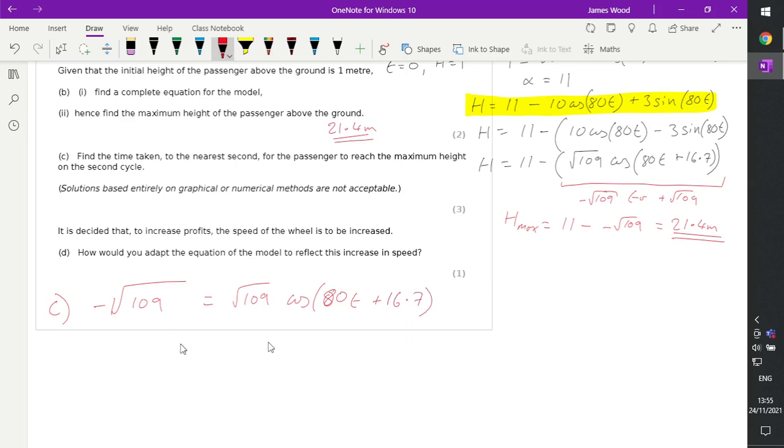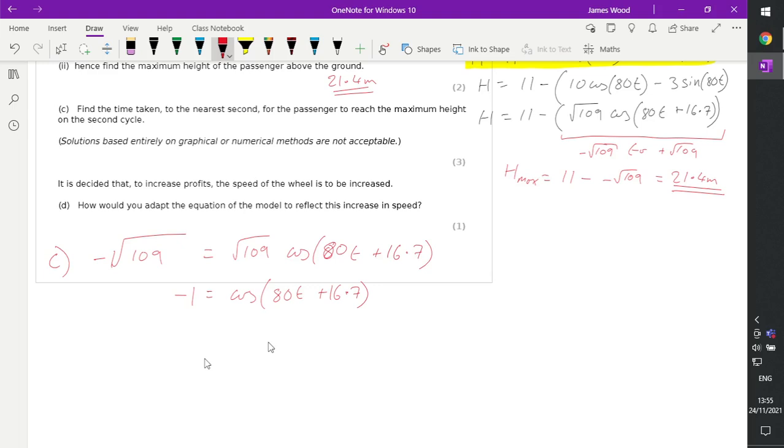Or we could basically say that's when the cos bit is equal to negative 1. Because although we wanted the maximum height, that was actually when this was at its minimum, and cos is at a minimum when it's at minus 1. So this is what we've got to solve.